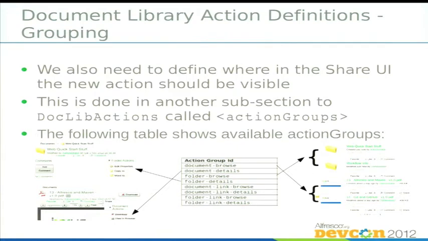The top 4 action groups here are relevant to us. Document details means if you are looking at the detail page of a document, then you want the action to be popping up there. That's controlled by that action group. Folder details, the same thing, folder actions. And the browse is then obviously when you browse a folder.